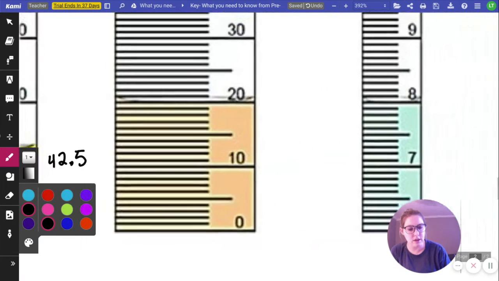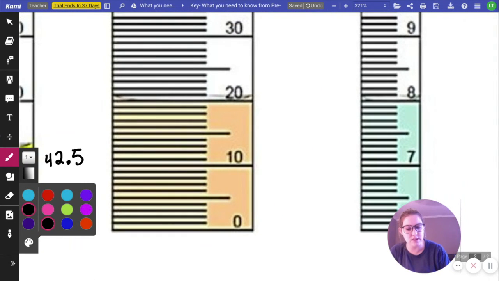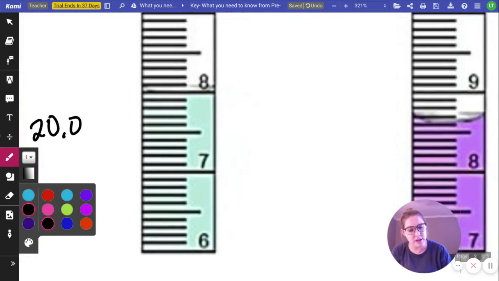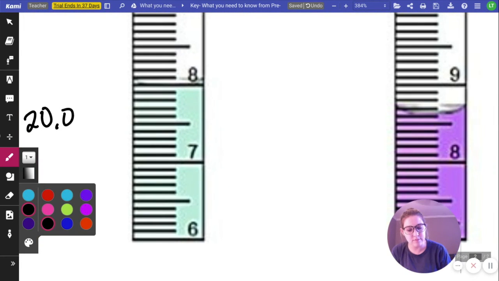Kind of the same thing on this one. Each line again represents 1, and so I see about 20, and then I see like 20.0 on my screen for that one. For this one, each line represents a tenth.